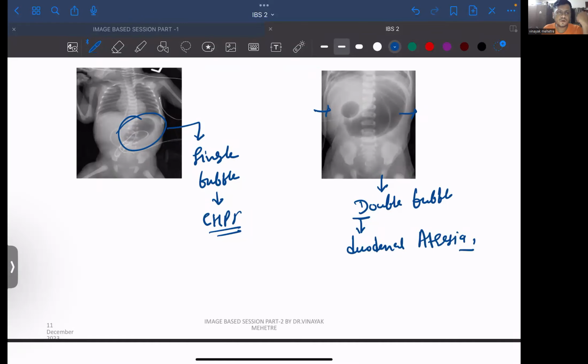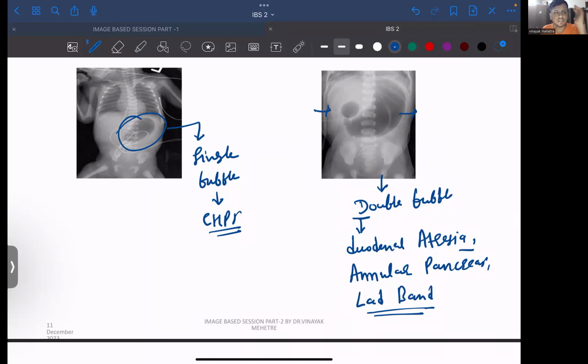And where else will it be found? Yes, annular pancreas, or also called as Ladd band.